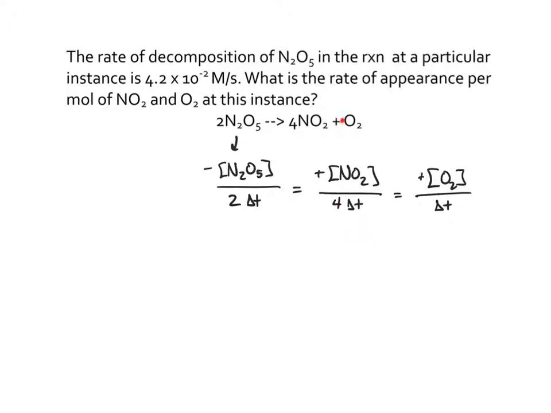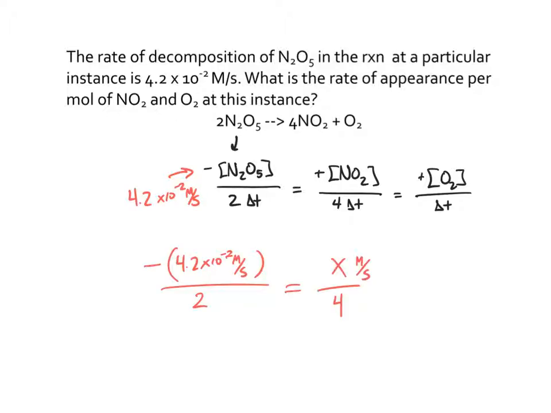And since this is a stoichiometric coefficient of just 1, it's just the rate of appearance of O2 over change in time. So this question asks for the rate of appearance of each of your products. So if I stick 4.2 times 10 to the negative second in for this concentration over 2 delta t, and I set that equal, and I'm going to do the first one here, this is what it looks like.